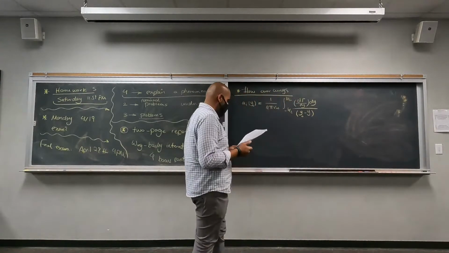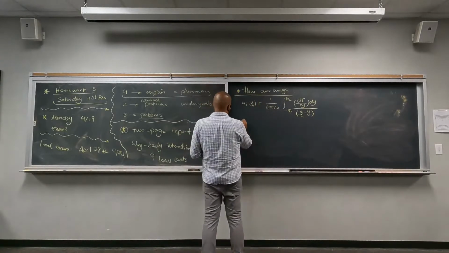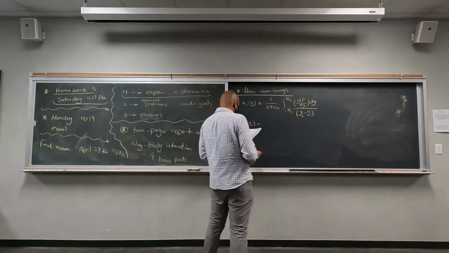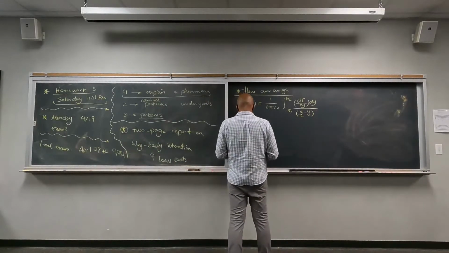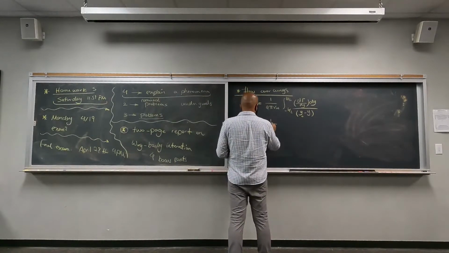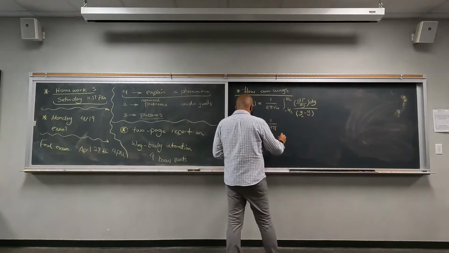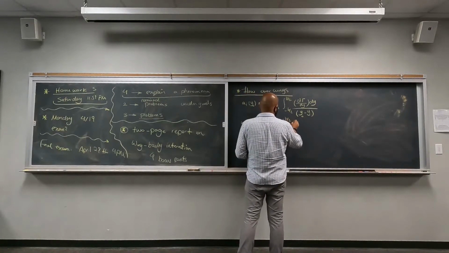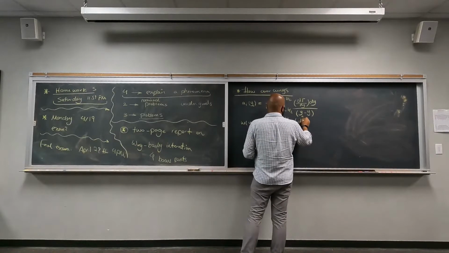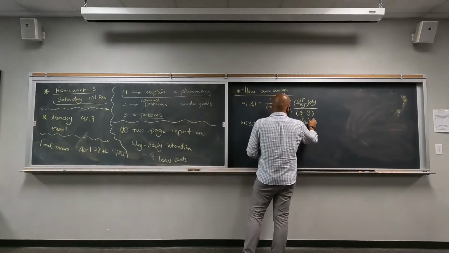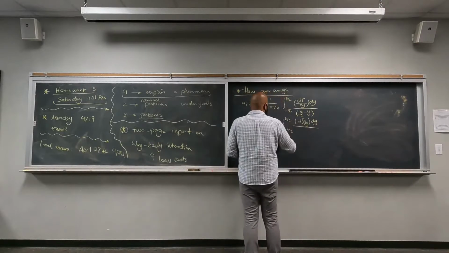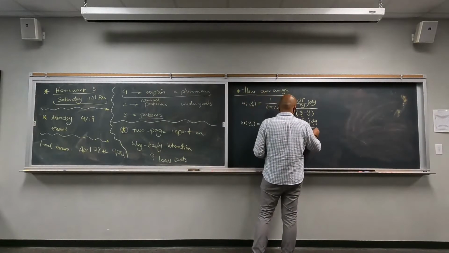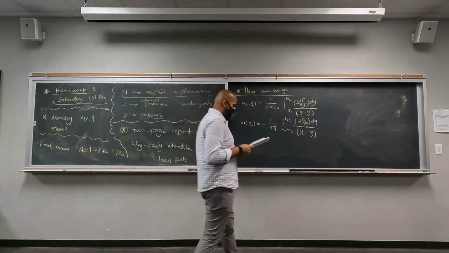Before that, we found the induced velocity as w of y naught equals negative 1 over 4 pi integral from negative b over 2 to b over 2 of d omega dy, divided by y naught minus y again.